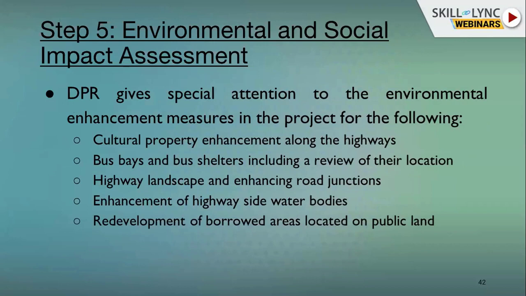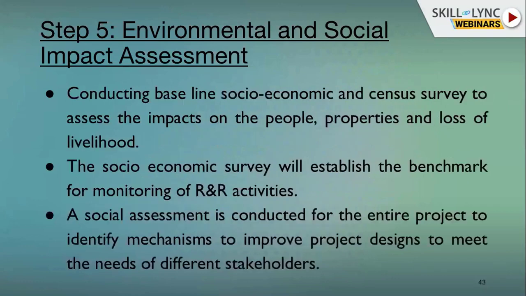DPR gives special attention to environmental enhancement measures, cultural property enhancement along the highway, bus bays and bus shelters, including review of their location, highway landscape, enhancement of highway-side water bodies, and redevelopment of borrowed areas located on public land. In social assessment, we need to conduct a baseline socioeconomic and census survey to assess the impact on people.